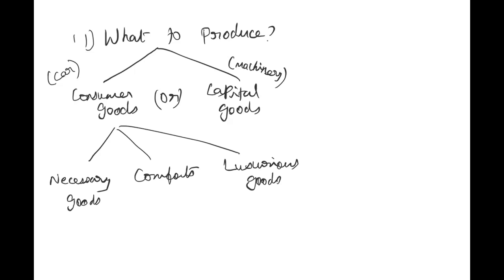So you have to choose consumer goods or capital goods. And if you choose consumer goods, are you going to choose necessary goods, or comforts, or luxurious goods? I'm highlighting the fact that it is 'or', not 'and', because of the scarcity of resources and alternative uses.